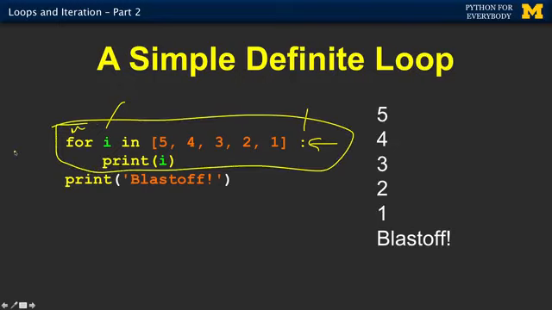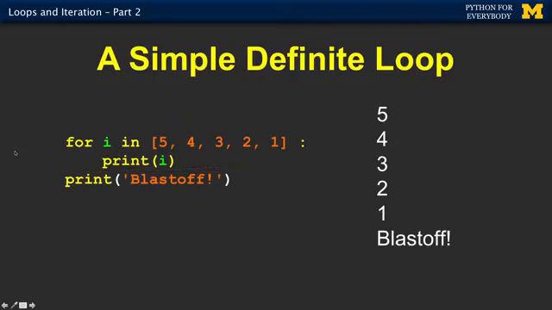At some level, what we're saying is execute this block 5 times, and I want i to take on the successive values: first time through 5, second time through 4, next 3, then 2, then 1. So it executes 5 times.